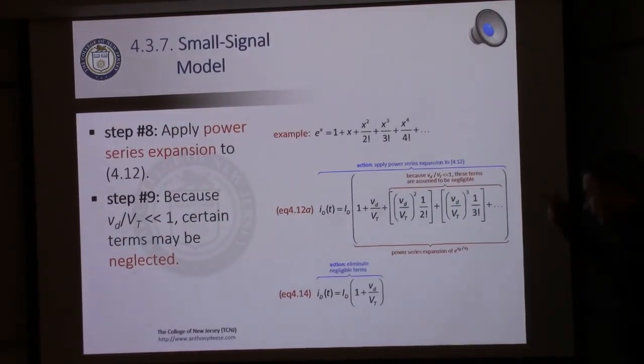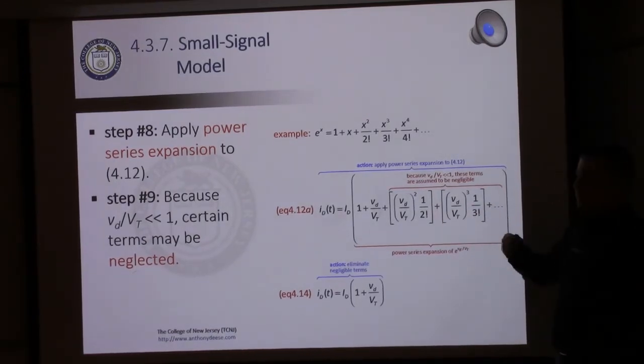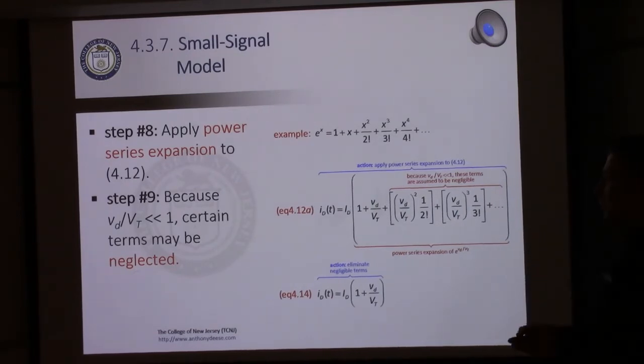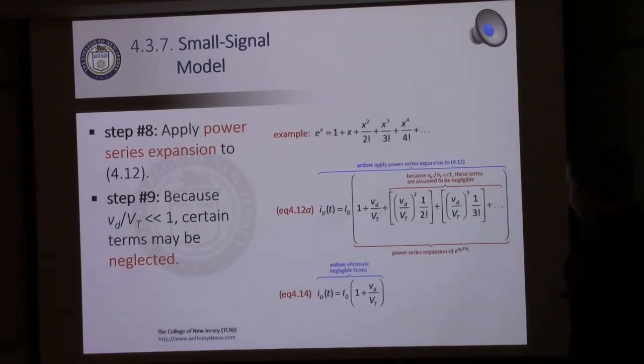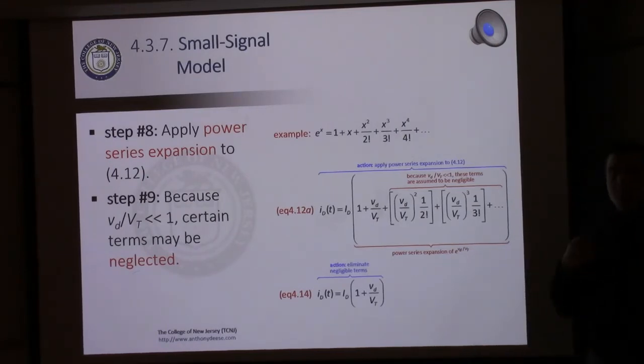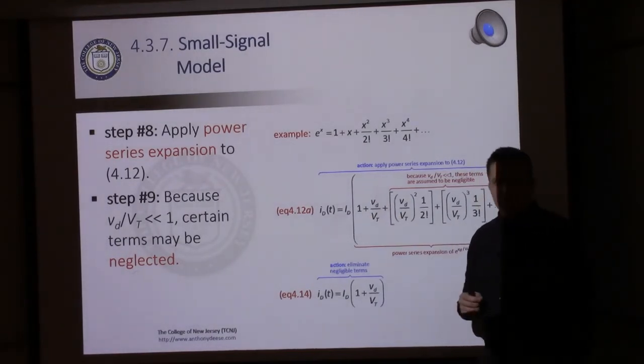Now, again, this is not very helpful, right? This equation is getting more and more complex with every step. However, now what we can do is negate the higher order terms, which we assume will have less of an effect on the answer, assuming that Vd is very small.